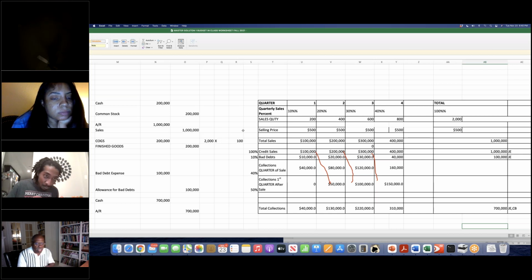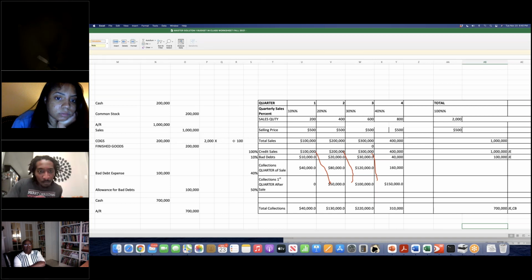So whatever those costs are, once you sell it, you got to multiply the product cost, materials and labor, times the quantity sold to get your cost of goods sold and finished good. So you make these journal entries.